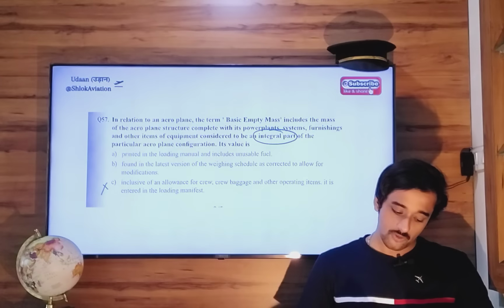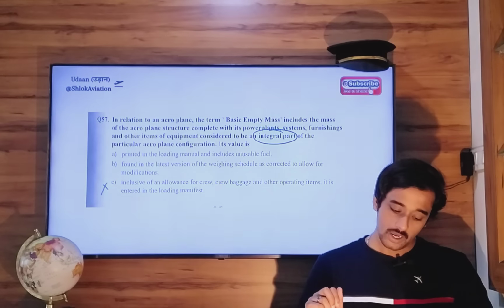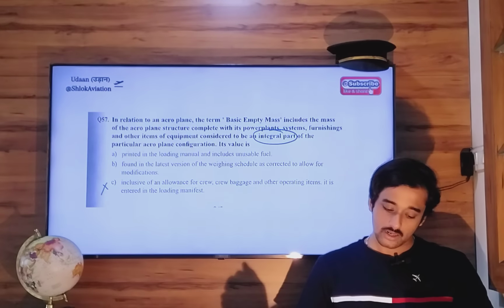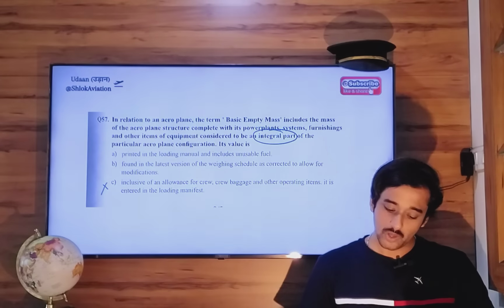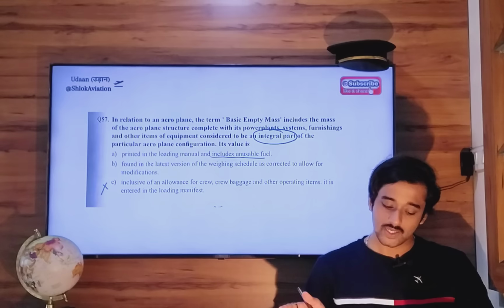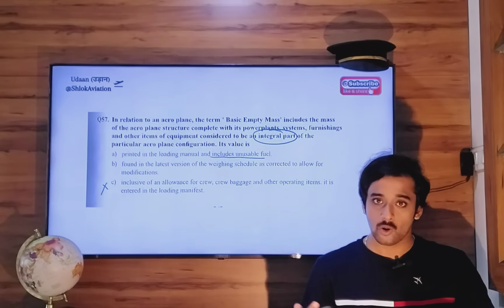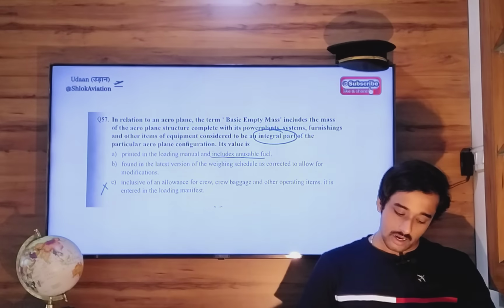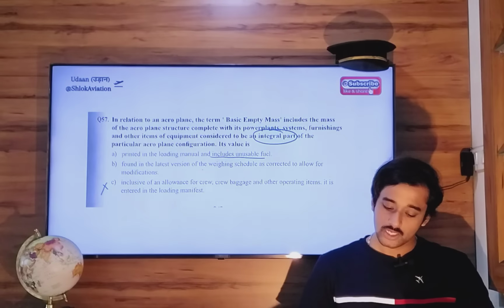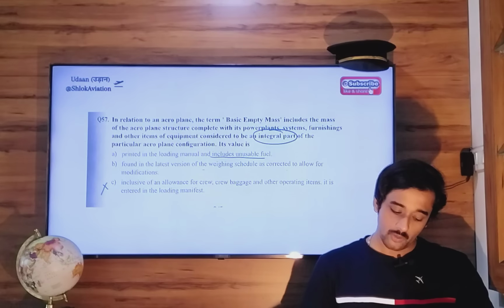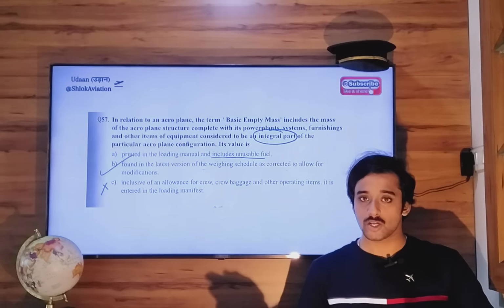Next, we are left with options Alpha and Bravo. Alpha: printed in the loading manual including unusable fuel. Now this part is right. Basic empty mass does include unusable fuel, oil, other fluids. Bravo: found in the latest version as corrected to allow for modifications. It's better to select option Bravo.